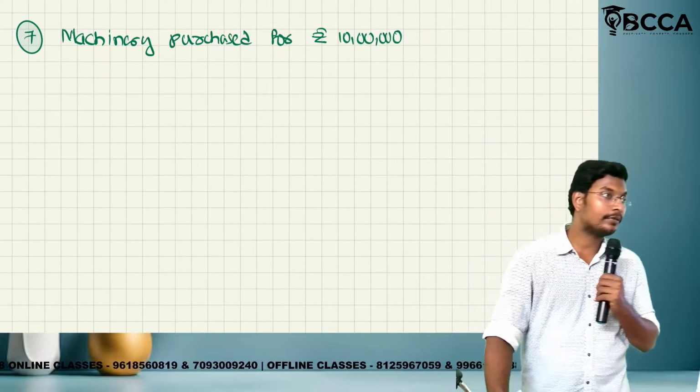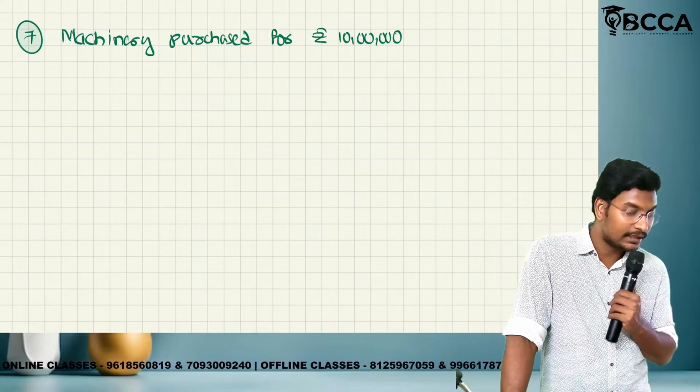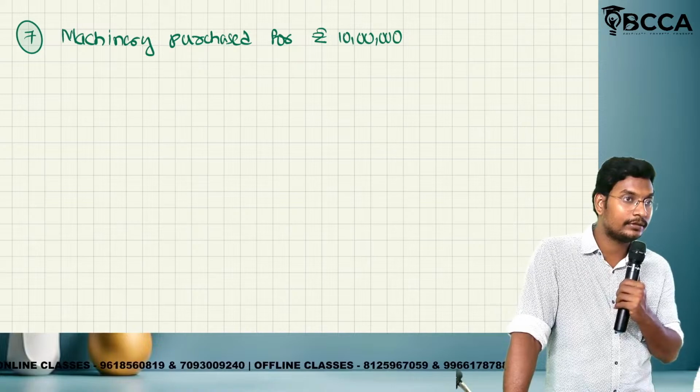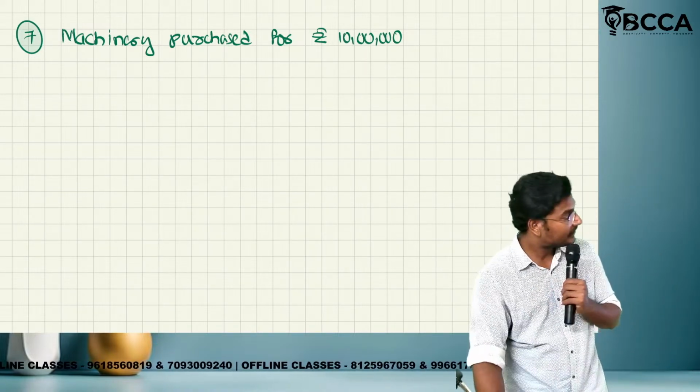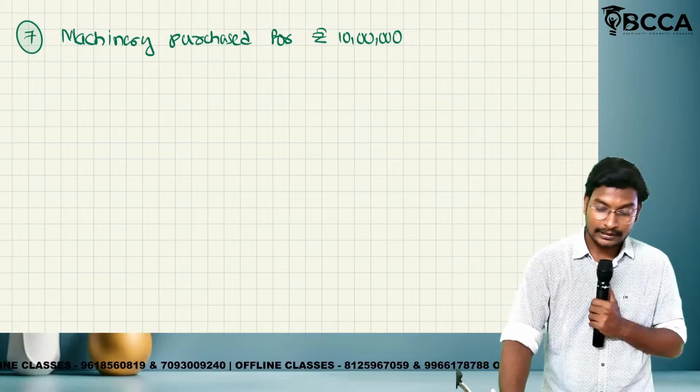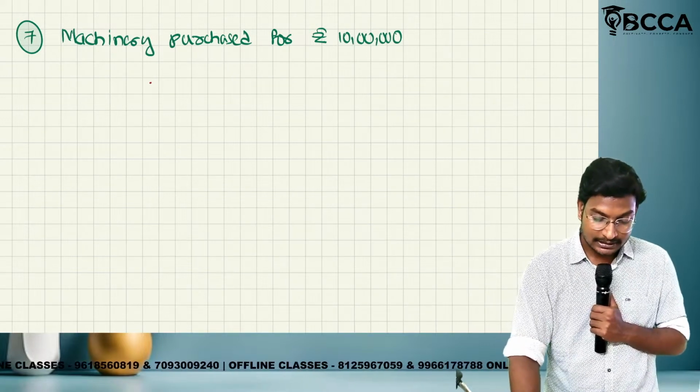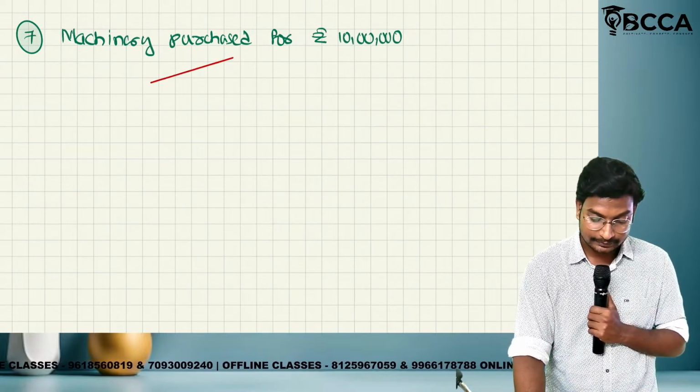Here I have taken the word goods or machinery. Machinery. So the asset is purchased, so we need to take the outcome of only the asset. So here the outcomes are machinery and cash.